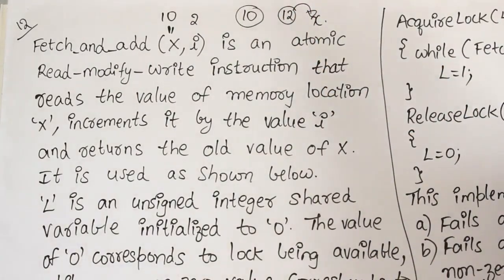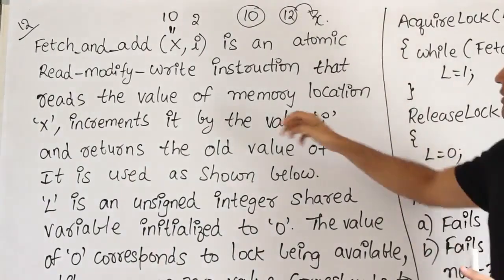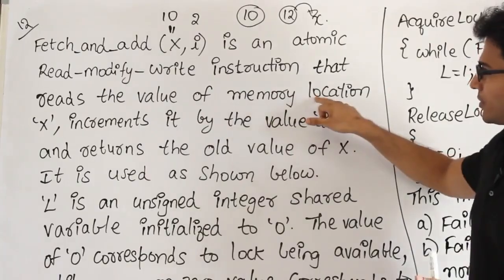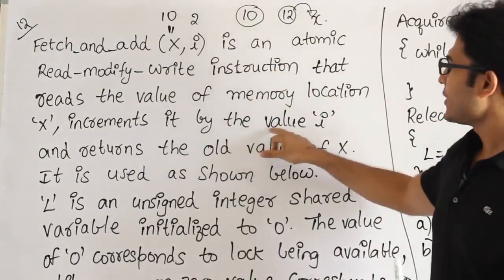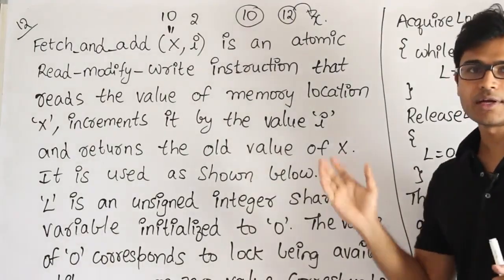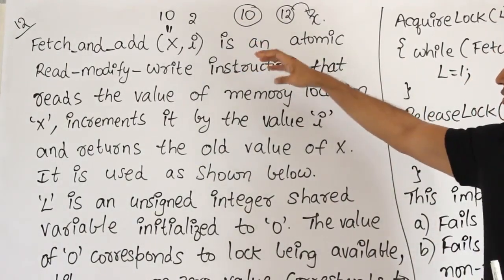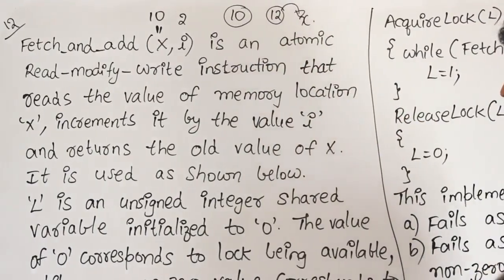Are you understanding it? Whenever you call fetch and add, the original value present in x will be returned to you. So you get the old value of x, which is 10, but the value present in x now will be 10 plus 2, which is 12, right?